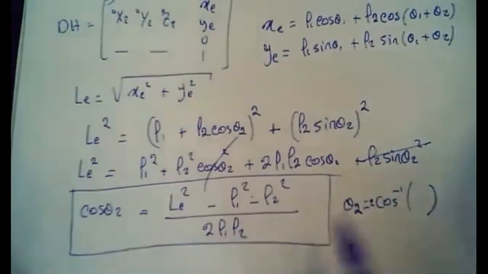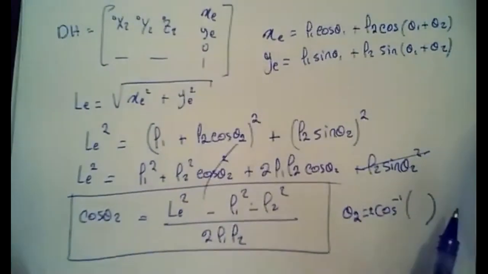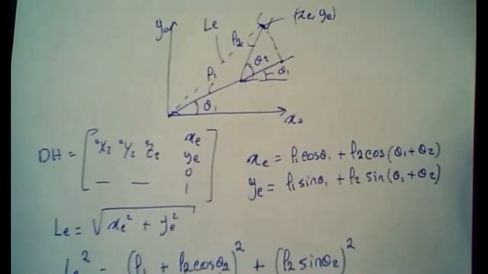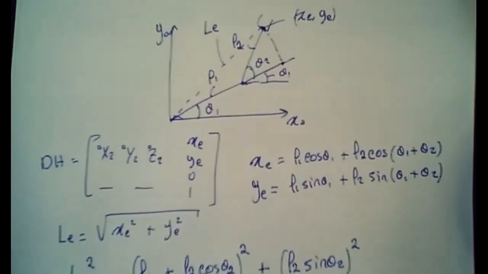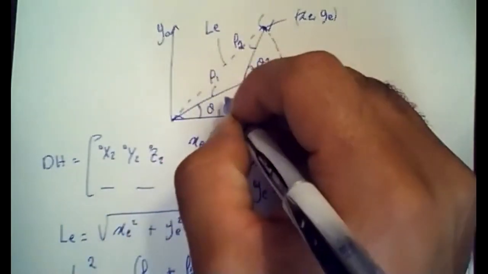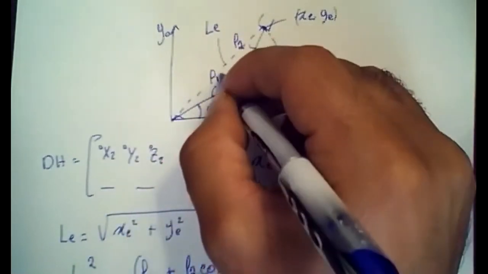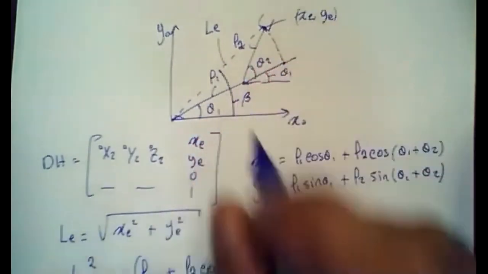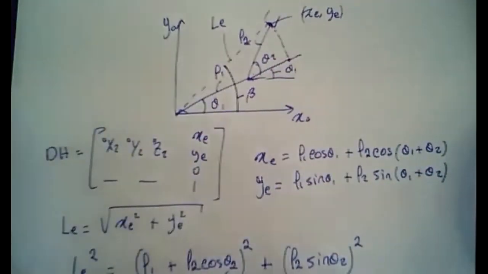Now how can I find theta 1? How can I find theta 1 from here? The way you can find theta 1 is you can actually find this angle right here. We only have about 5 minutes, so I have to solve this.